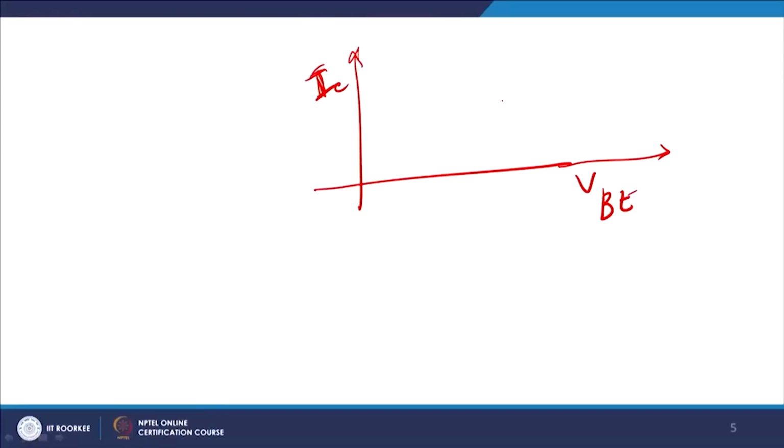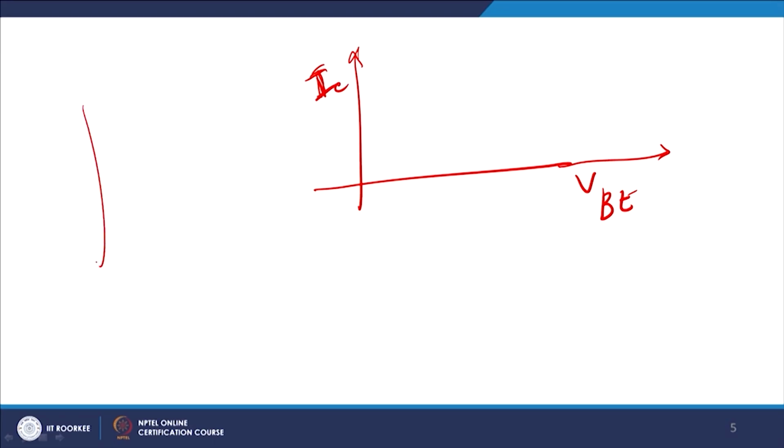starts to behave like a constant current source, which means that even if you change the reverse bias of the collector base junction too much, the current does not change too much. So, as I discussed in your previous turn, it starts to behave like an ideal current source.